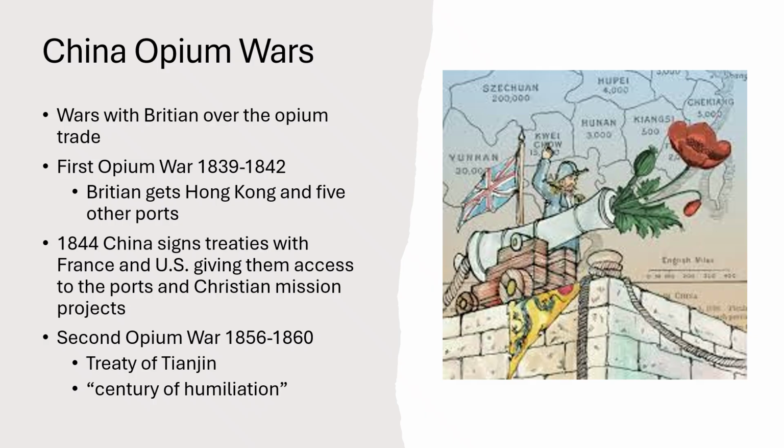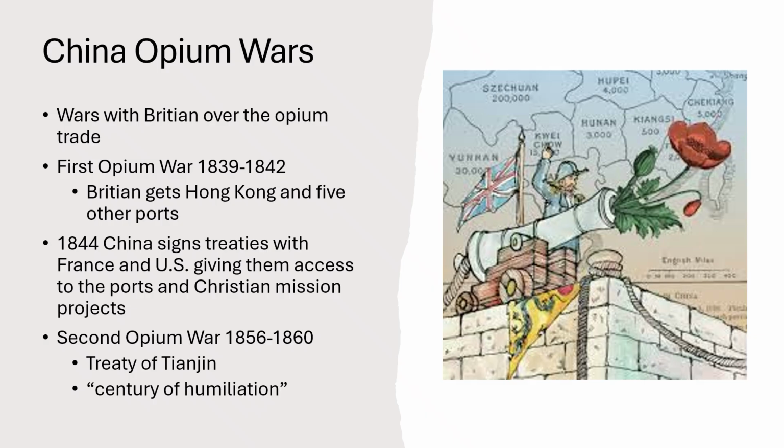So the Chinese, similar to the Japanese, really had tried to prevent Christians from coming into China to missionize. And this particular treaty in 1844 will allow that to happen. And then the Second Opium War breaks out, and that happens from 1856 to 1860.